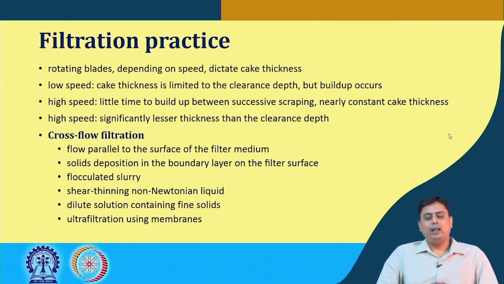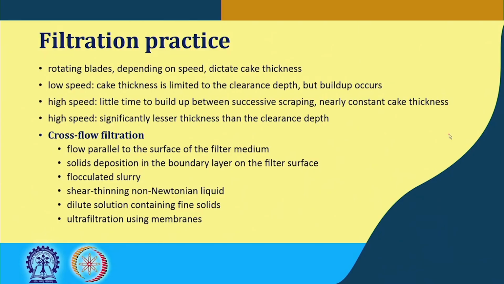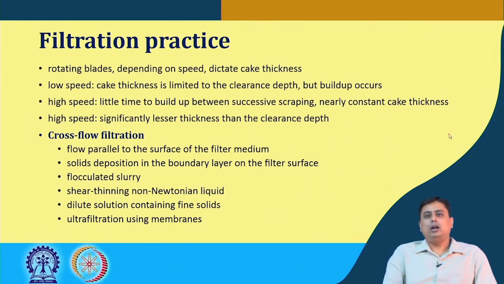For example, at low speeds, the cake thickness is limited to the clearance depth, but actually this build-up occurs again when that scraper is gone, and the time interval before another blade, or the same blade, comes to scrape the cake. In that time interval the cake build-up can happen, so the resistance will vary if it is moving at a low speed.